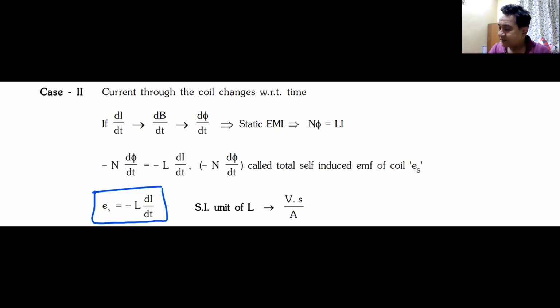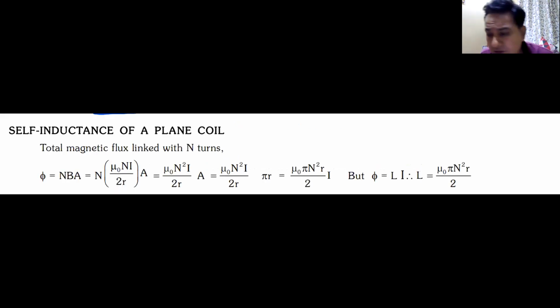Yes, sir. Similarly, if you are supposed to find out the self-inductance of a coil, what do you do? You do very simple things. You first of all flow a current I in the coil, then you find out the magnetic field, then you find out the flux, and you equate the total flux equal to Li.